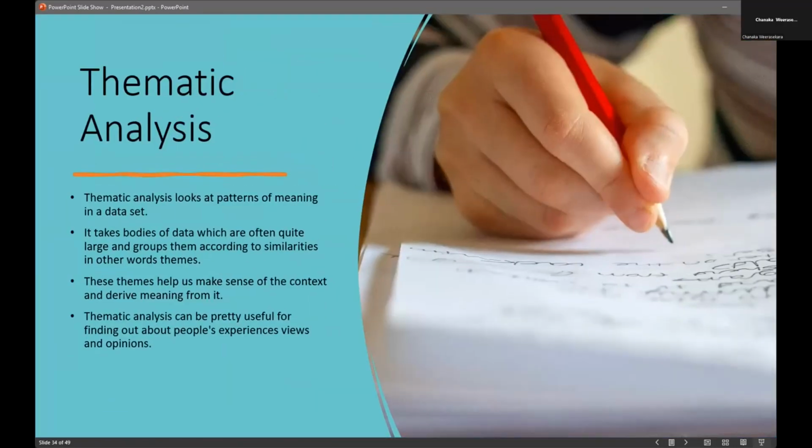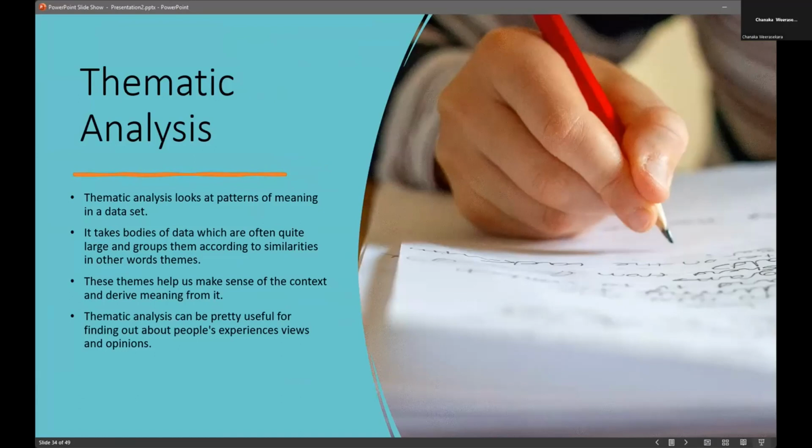And the next one that I want to talk about is thematic analysis. This is the one that has been used by most qualitative researchers. I think the most popular analysis method among qualitative researchers is thematic analysis.